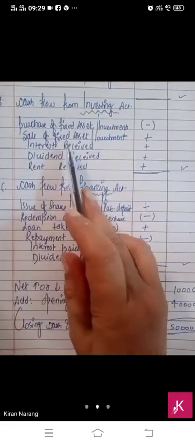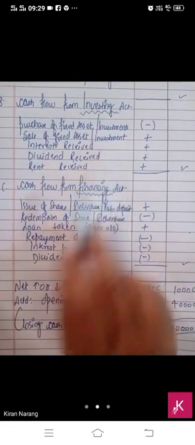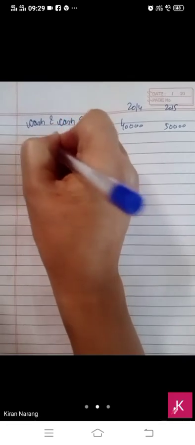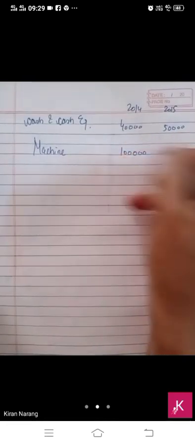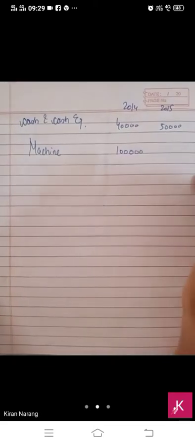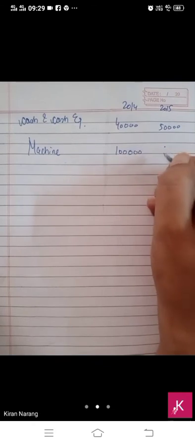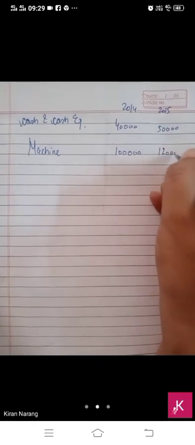Now how will you come to know that you have purchased an asset or you have issued securities? It will also be given in two forms. Fixed asset: suppose you take an example of a machine. In 2014 you were having a machine of 1 lakh and in 2015 you are having a machine of 1,20,000. What does it mean?